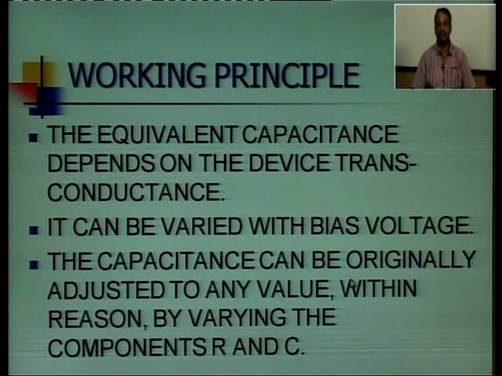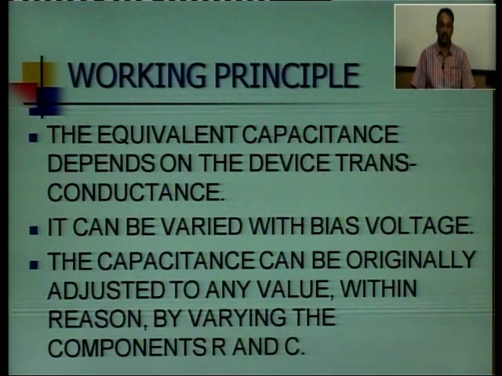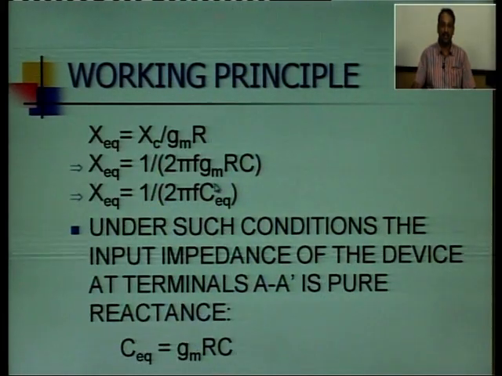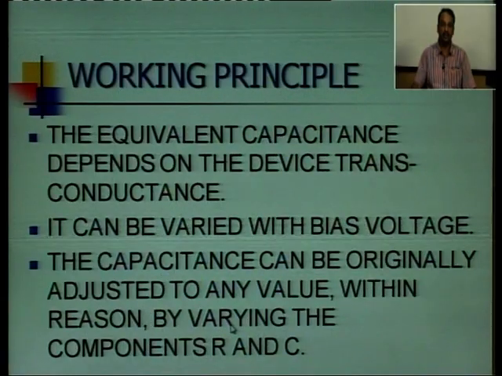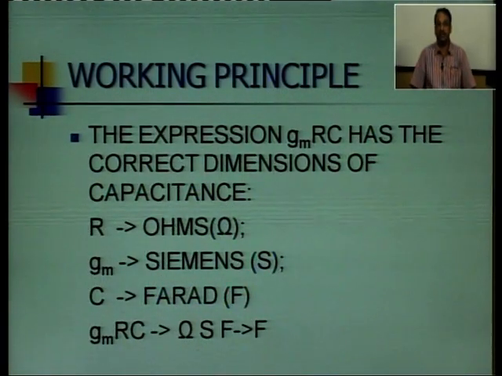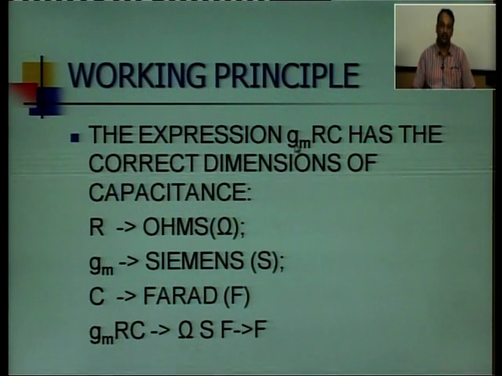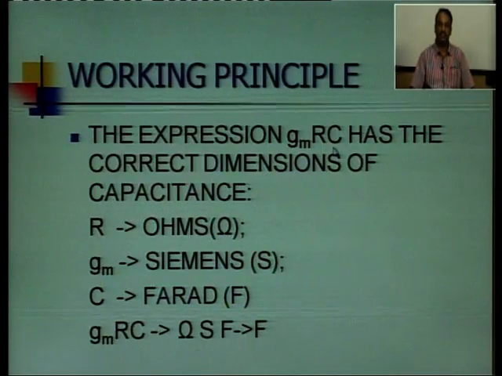The capacitance can be adjusted to any value within the range by varying the components R and C. The expression Gm into RC has the correct dimensions of capacitance, as the unit of Gm is Siemens or mho, whereas the unit of R is ohms. So mho and ohms cancel, and the unit of C is farad.